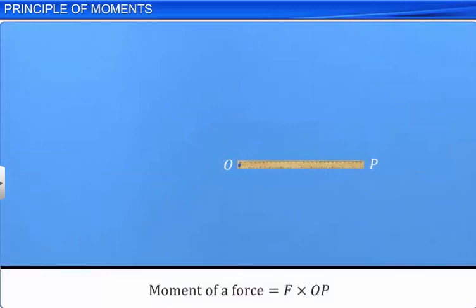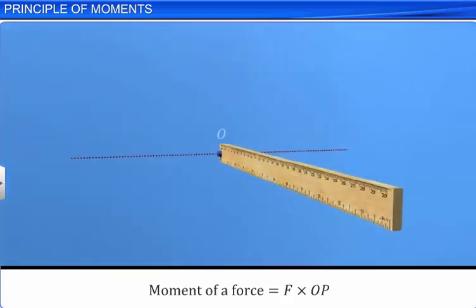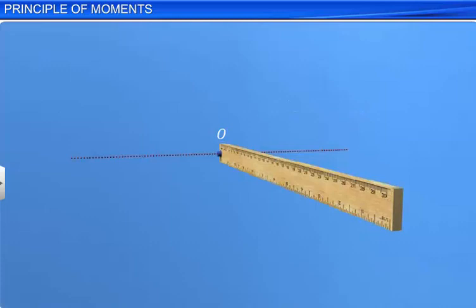Here, the moment of the force is equal to F into OP, and the scale rotates about point O. If a line is drawn through O perpendicular to the plane of rotation and the scale is rotating around this line, then this line is referred to as the axis of rotation. The SI unit for the moment of force is Newton meter.